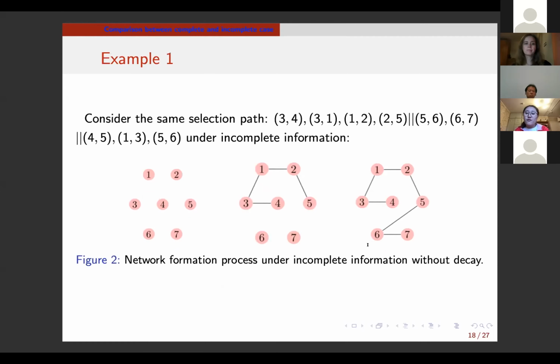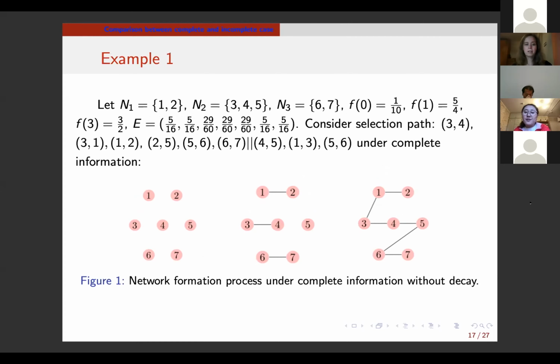Well, what result does this example reflect? If F1 is bigger than 1, then under complete information, any player is not isolated: there must exist a link between him and players in the same group.